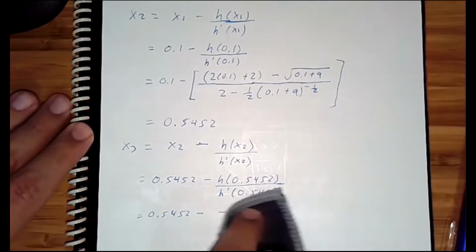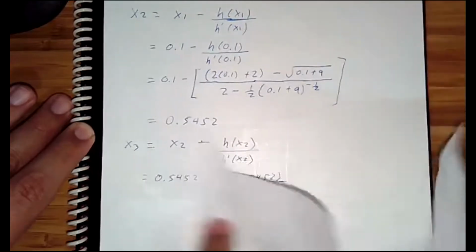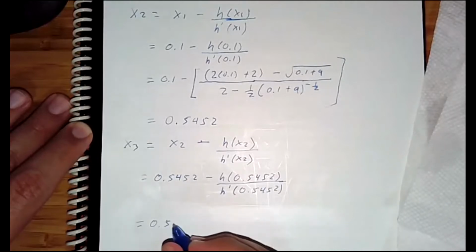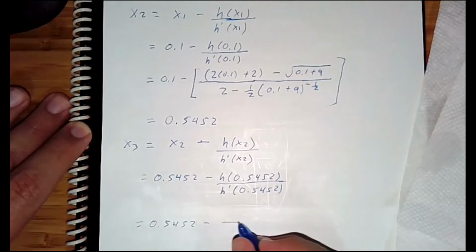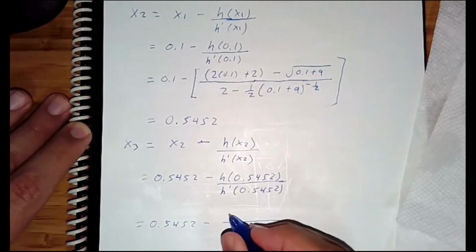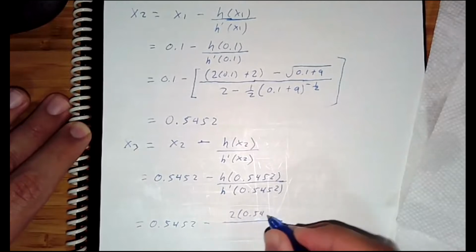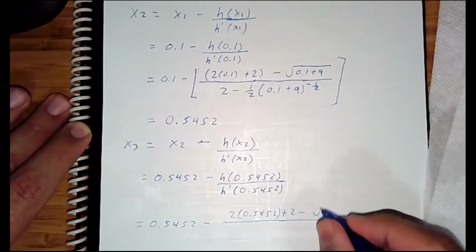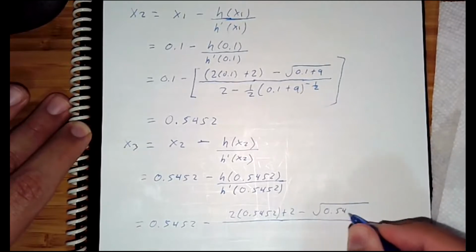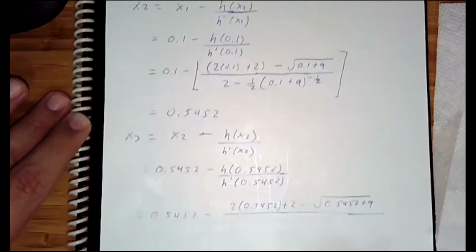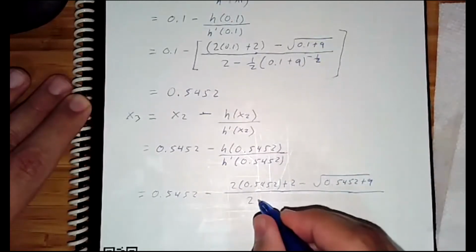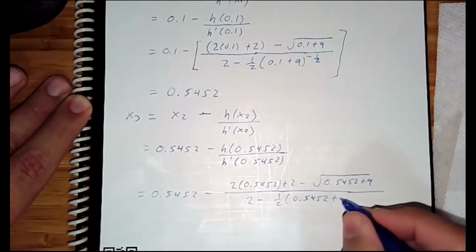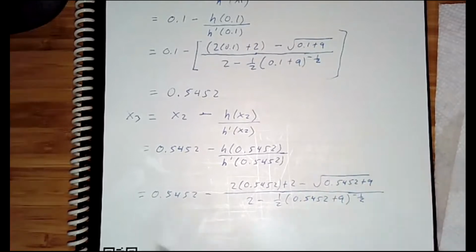Let me make more space. So this will be 2 times 0.5452 plus 2 minus the square root of 0.5452 plus 9, over 2 minus 1/2 times 0.5452 plus 9 to the negative half. Okay, what is that going to be?